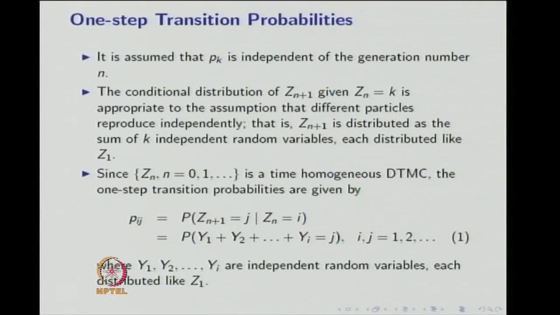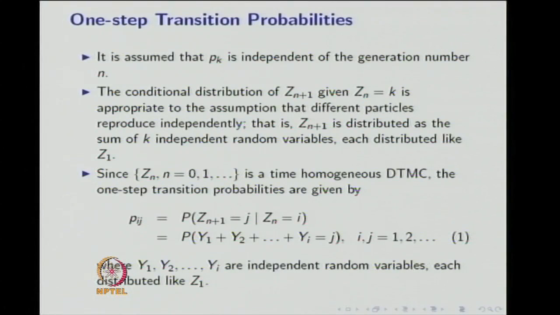Since the sequence of random variables Zn is a time homogeneous discrete time Markov chain, the one-step transition probabilities are given by p suffix i comma j, that is nothing but the probability that Zn plus 1 is equal to j given Zn is equal to i.